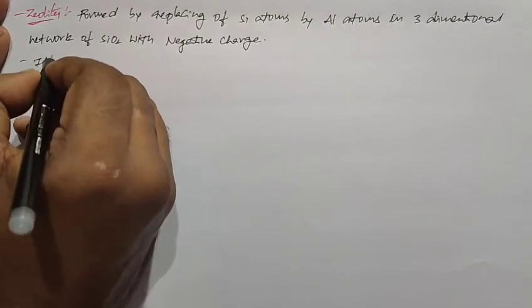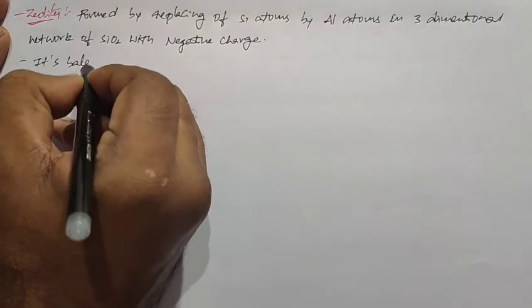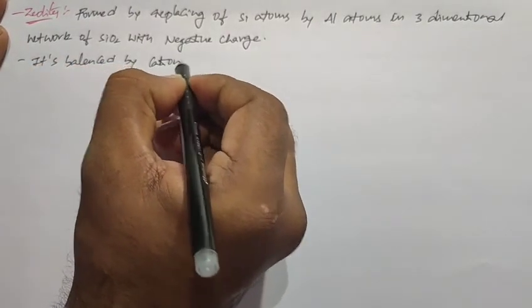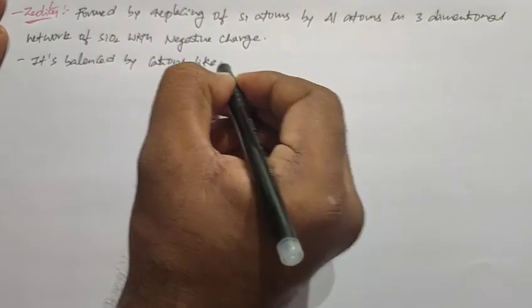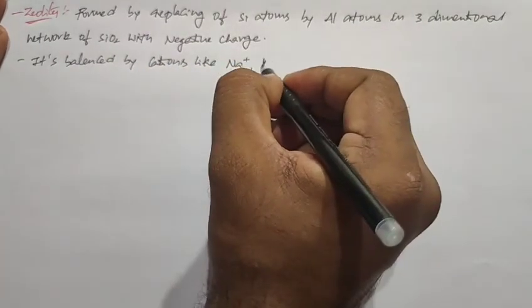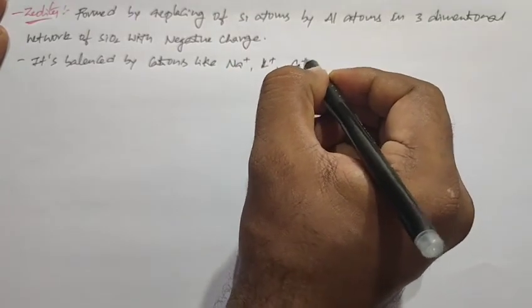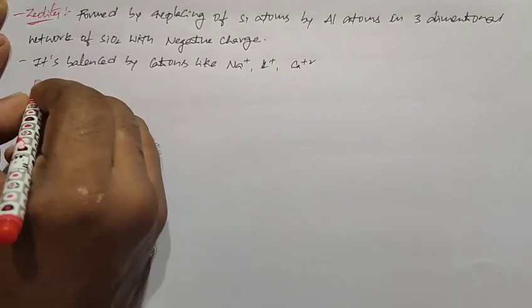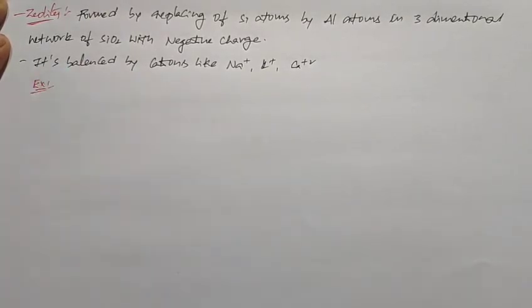Here we can give feldspar as an example of this type of structure.